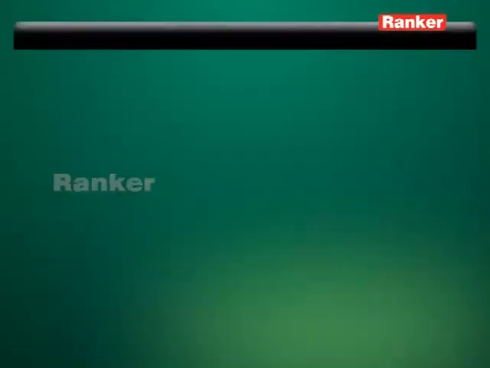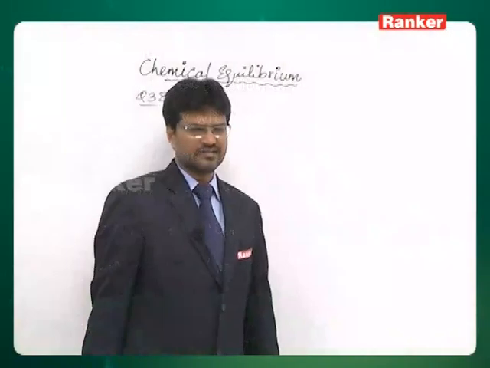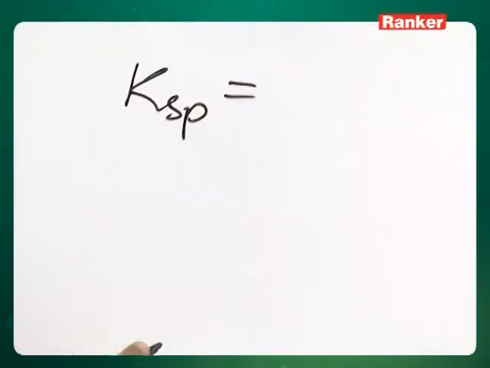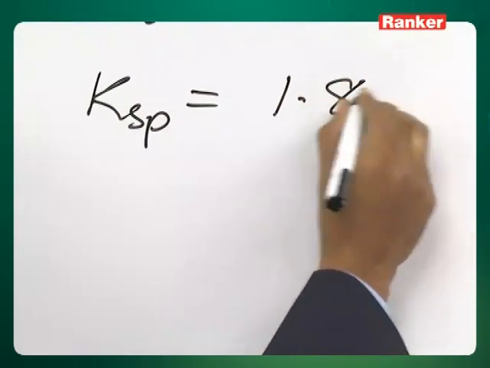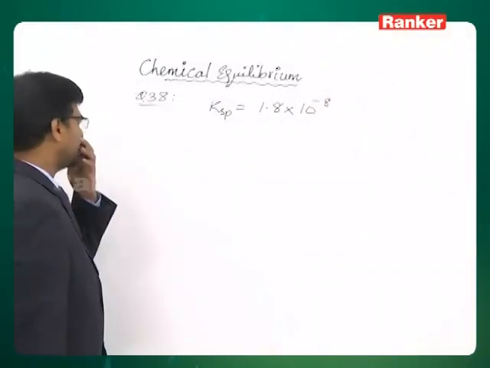Question number 38. When equal volumes of the following solutions are mixed, precipitation of AgCl will occur only with... see, Ksp of AgCl is given, it is 1.8 into 10 raised to minus 10.